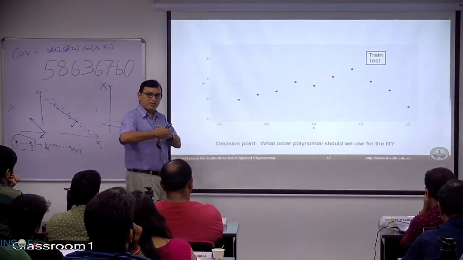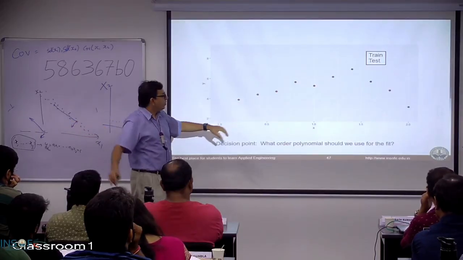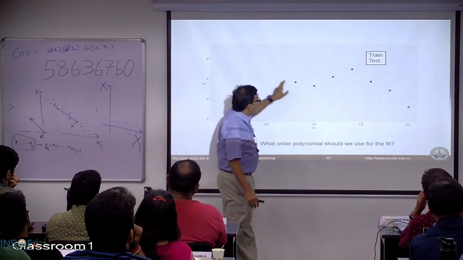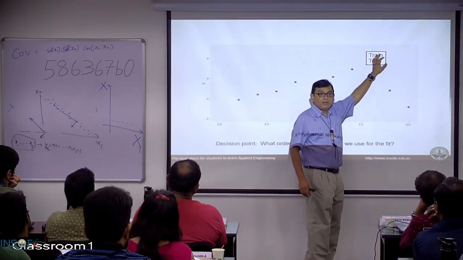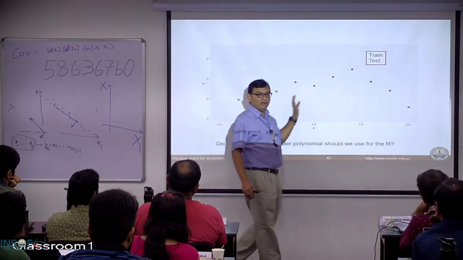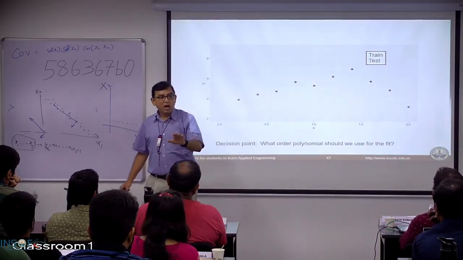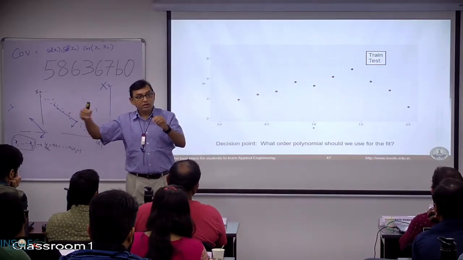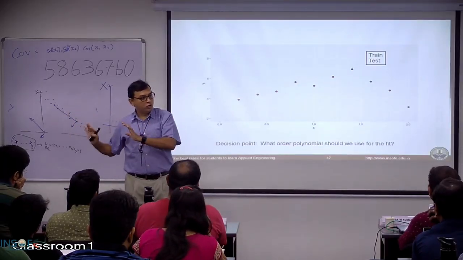I'm presenting the full data, but the data that is available for training is represented in black, and the data that was available for test is represented in red, so that you can see how a model that is fitted based on black dots does when you're thinking about red dots.